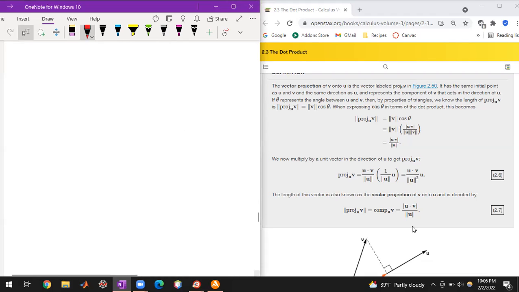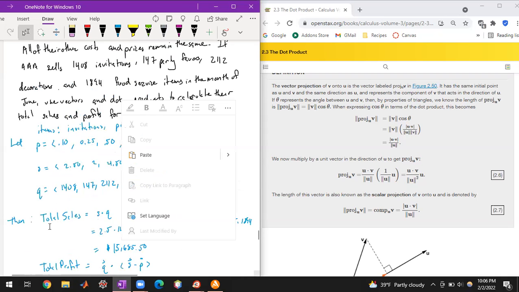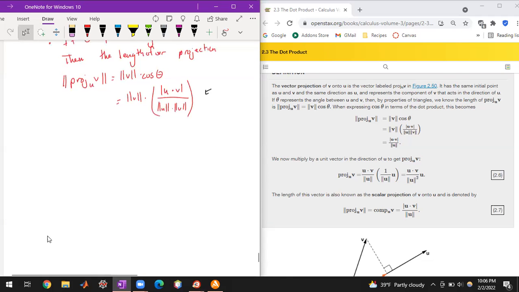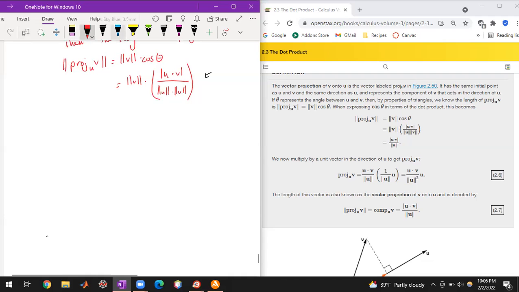This is by the rule that says cosine of the angle equal to this. All right, so we have some stuff canceling out.